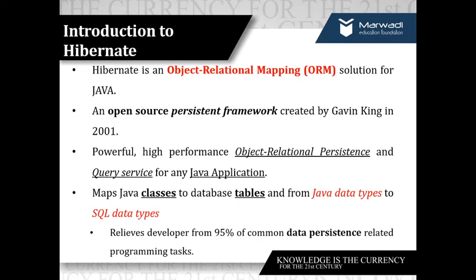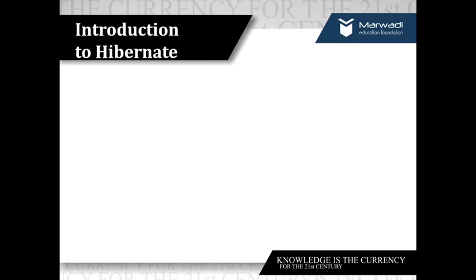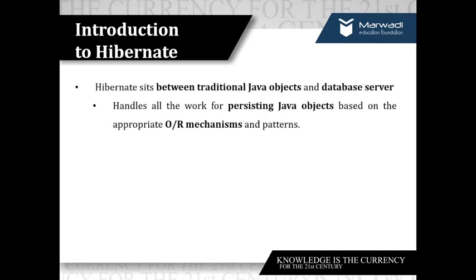So I hope by this slide you have got an idea of what ORM is and what Hibernate is, just a small idea of it. So let's go ahead and visualize how Java objects are transformed to RDBMS.